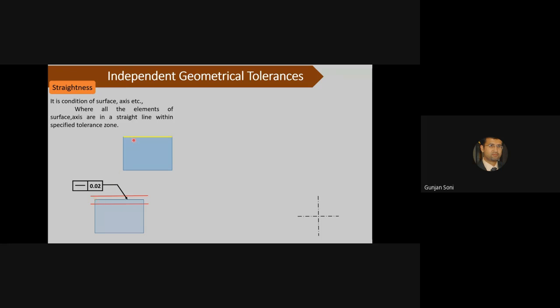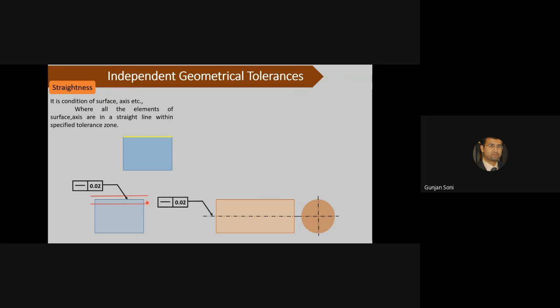Now this top surface may lie like this or like this, but in both conditions it is within the specified tolerance zone between these two parallel lines, so it is acceptable.